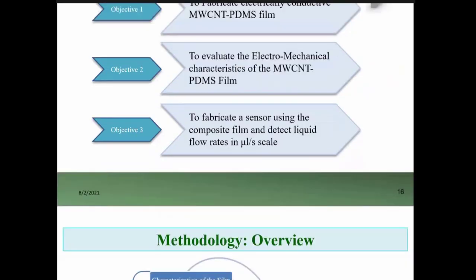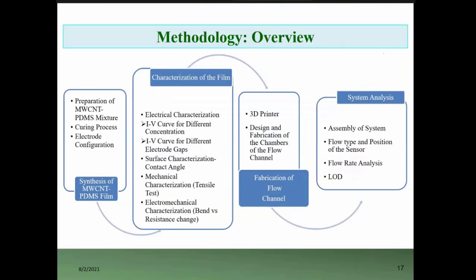So the first step is the synthesis of the MWCNT PDMS thin film, where a carbon nanotube PDMS mixture was prepared and cured with different electrode gap configurations. After the fabrication, the film was characterized electrically, where the IV characteristics curve was generated for different concentrations and different electrode gaps.